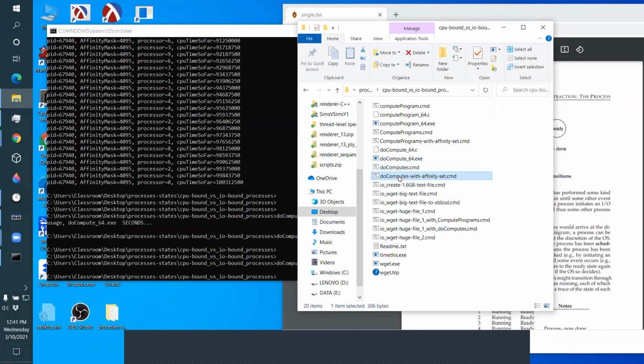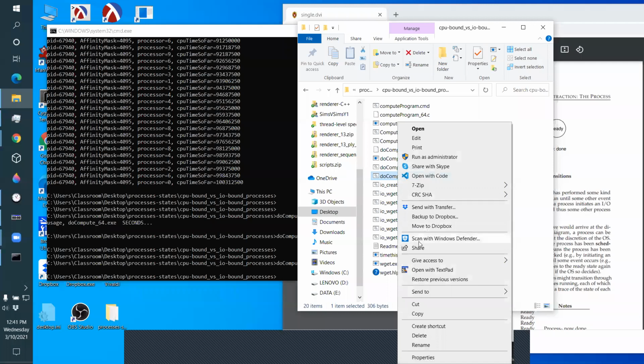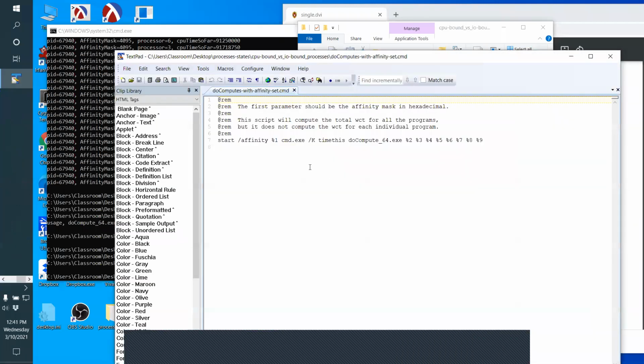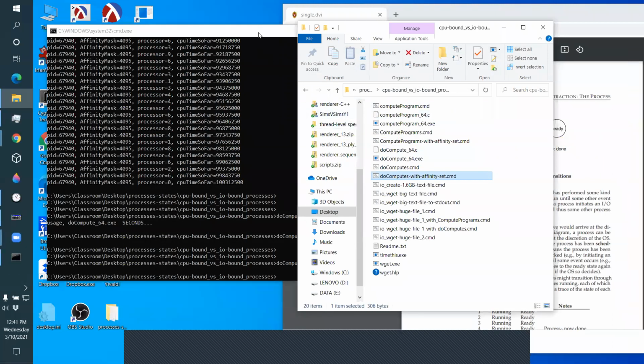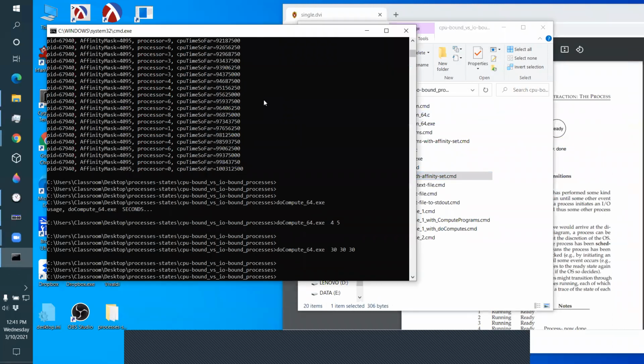It runs multiple instances, but puts them all on whatever CPU you tell them to. It lets us set the affinity before we start the program that runs all the jobs. Do compute. Let's see, which one was it?